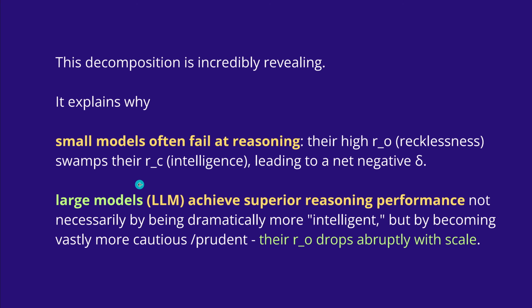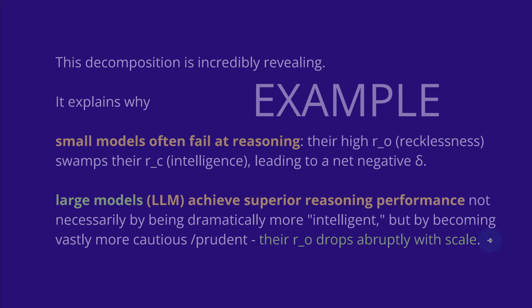On the other hand, for the large language models that achieve a superior reasoning performance in general, this is not necessarily by being dramatically more intelligent, quotation mark, as an LLM, but there's an effect taking place. By becoming vastly more cautious, more prudent, their specific rate of overthinking drops abruptly with the scaling. This is now a new insight. Looking at all the data I already showed you, this is something interesting that they found.